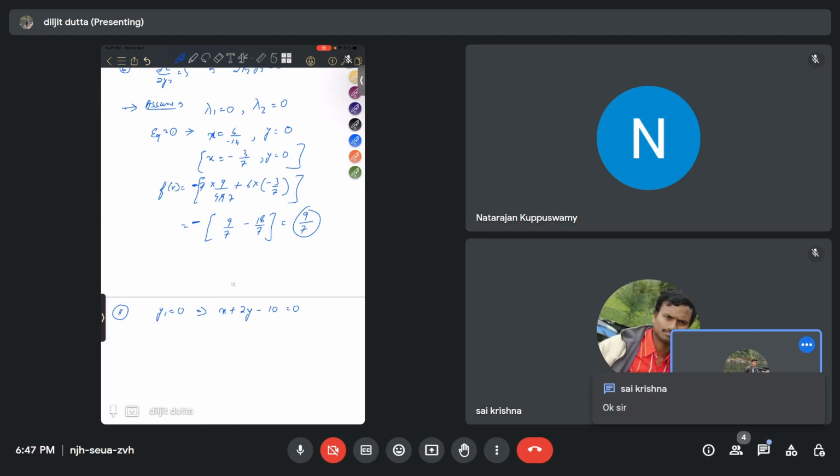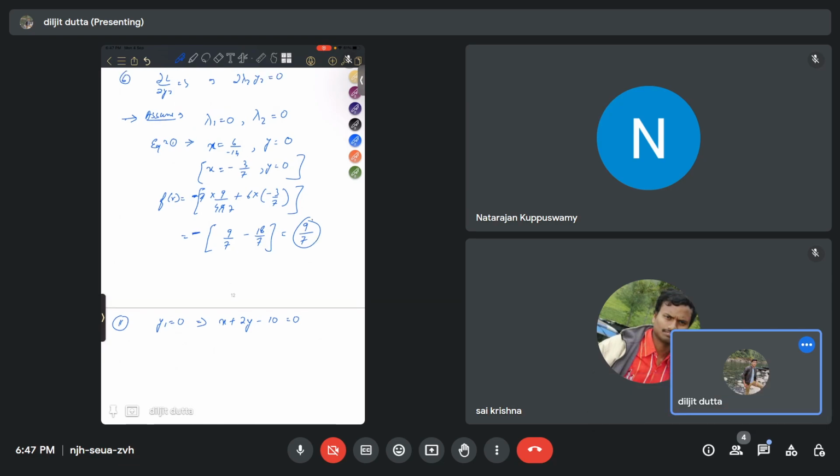Okay, understood? So this is the f of x, but the maximum of f of x will be minus 9 by 7. That is true when we are writing the maximization function.